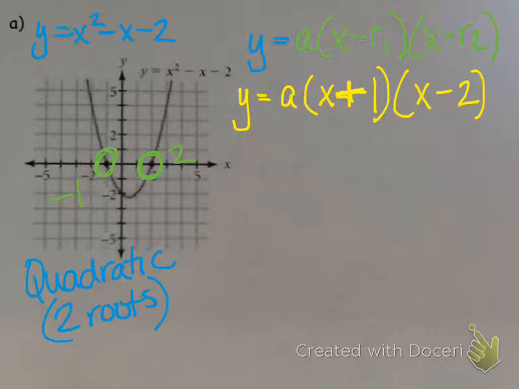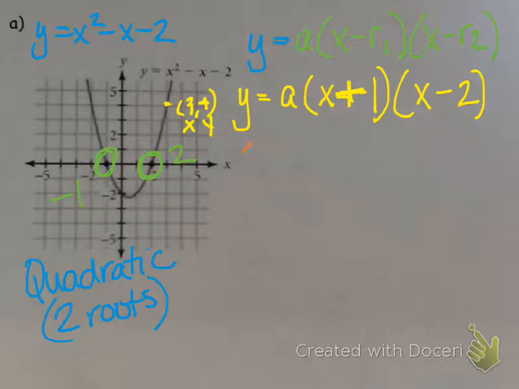And now the other thing is to find a. To find a, you have to use another point on your graph. So I just look for another point. It seems like this could be one right here, that is 3, 4. So I'm going to use that point: 3 would be x, 4 would be y, and plug it into the equation.